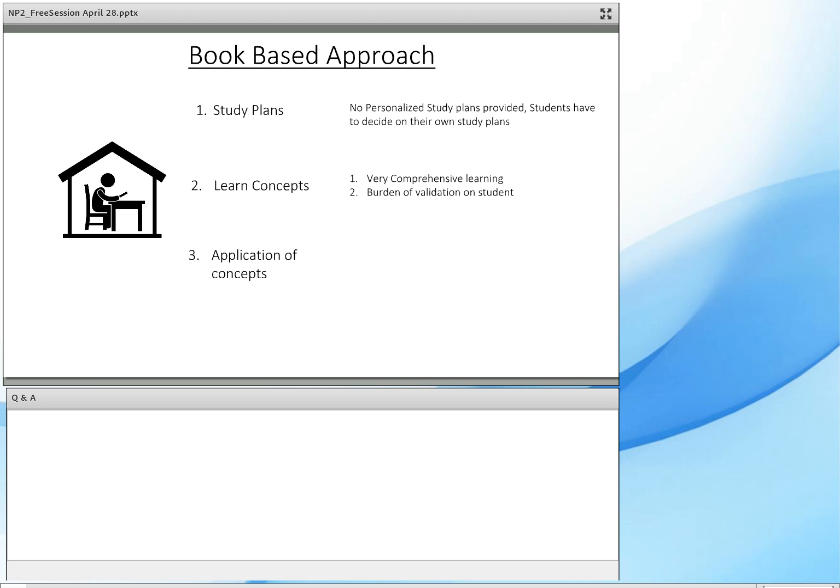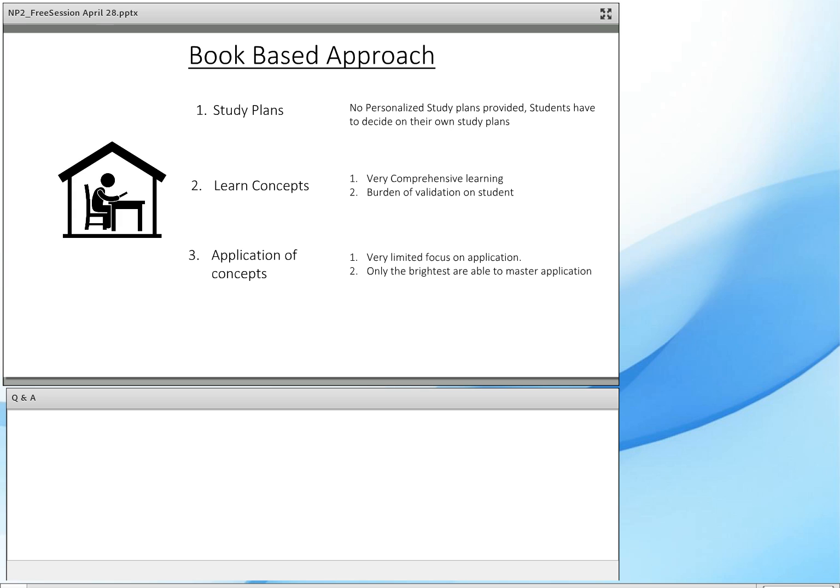One area where books falter, in my opinion, the most is teaching you how to apply those concepts. Even when you learn concepts, the format of the book is ill-suited to teaching you, when you see a problem, do this in step 1, this in step 2, this in step 3. It doesn't give you feedback as to where you could have faltered either.